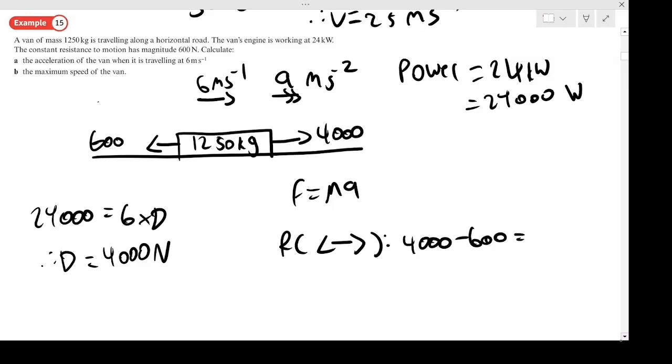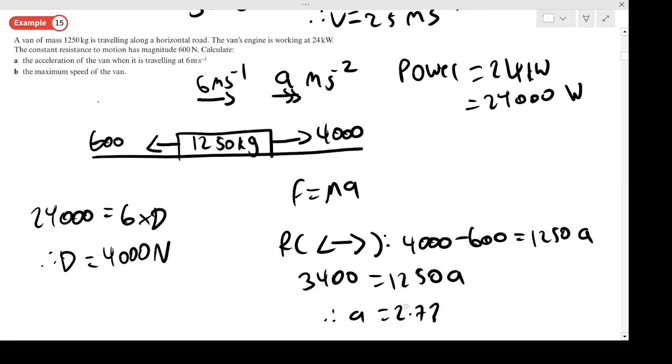F equals ma, so the mass is 1250 times a. Simplifying, that's 3,400 equals 1250a. Then I divide by 1250 to get a, and I get 2.72 meters per second squared.